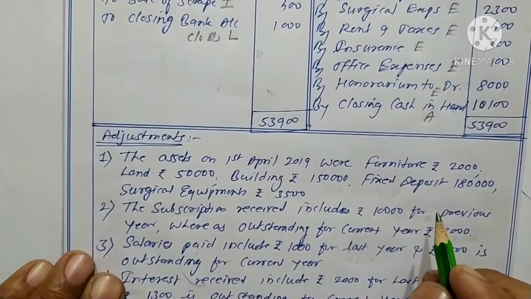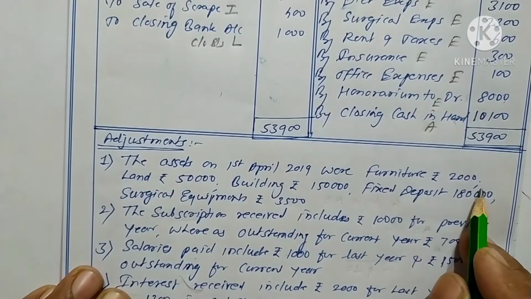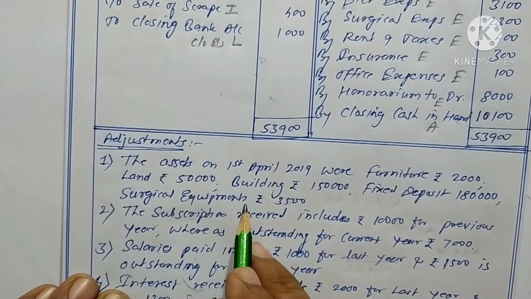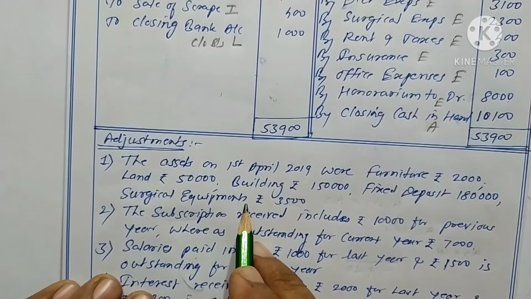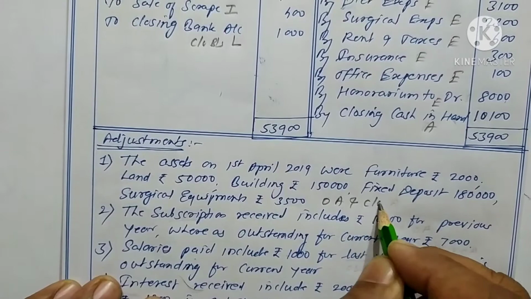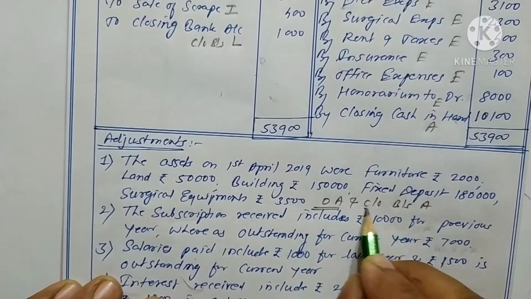Now adjustments. The assets on 1st April 2019 were furniture, land, building, fixed deposit and equipment. These are the assets. Their effects will be made in the opening balance sheet asset side and also in the closing balance sheet asset side. Both effects.